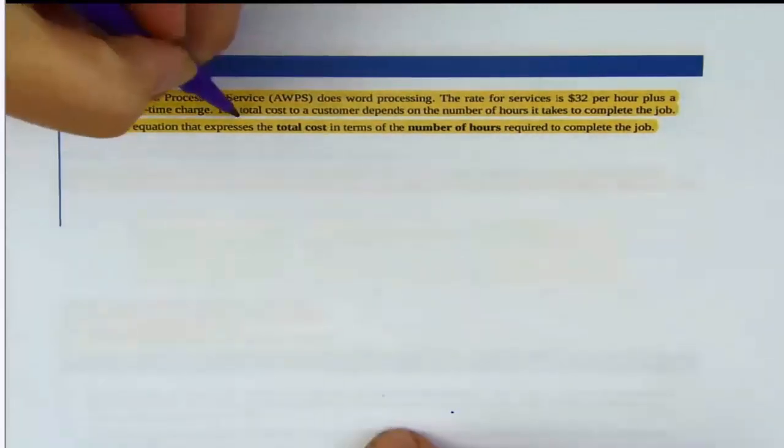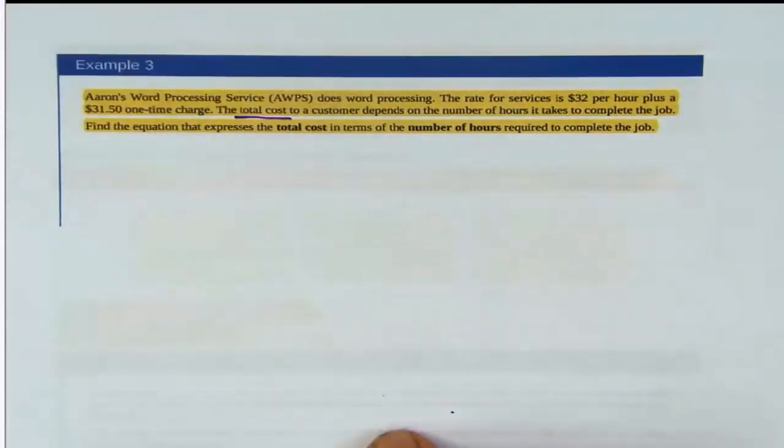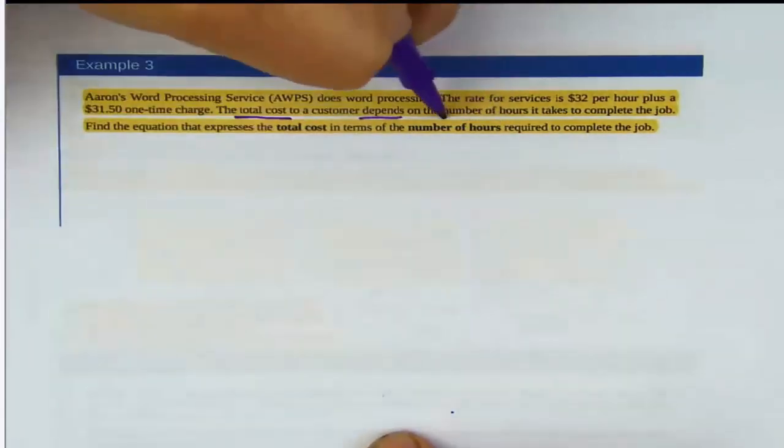The total cost to a consumer depends on the number of hours it takes to complete the job. Find the equation, so we've got to find an equation that expresses the total cost in terms of the number of hours required to complete the job.